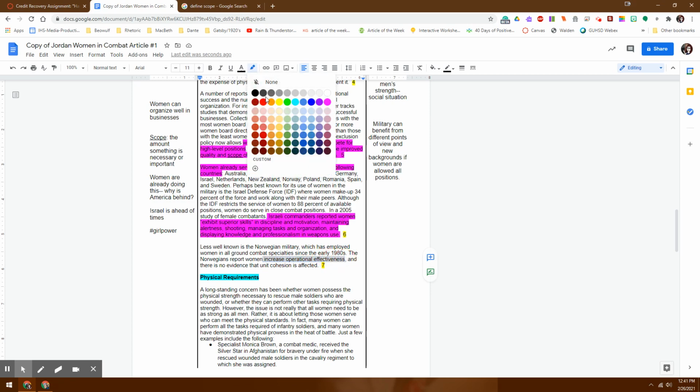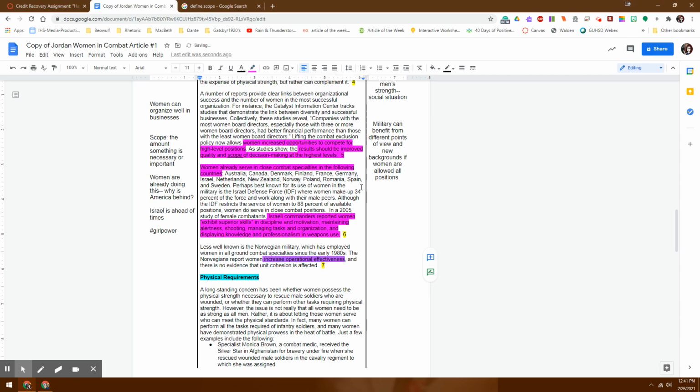Okay, a lot of people argue that women will decrease it because it's distracting, but it's apparently not. So on the side here, I'm going to mention that other countries have female combat positions. So it doesn't actually make the military weak.